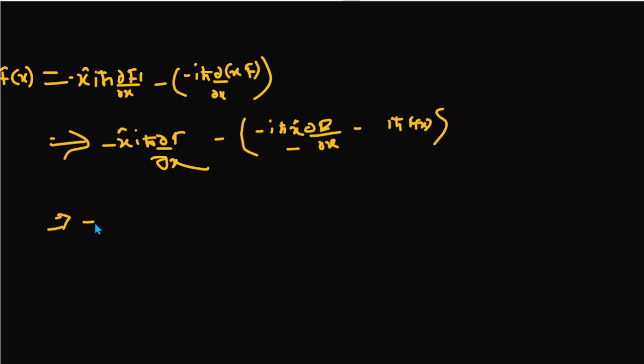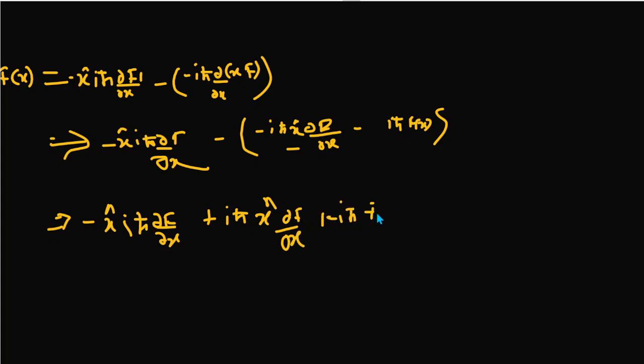Negative of x operator iota h cut del f by del x. Negative, negative, positive iota h cut x cap del f by del x. And then negative, negative again, positive iota h cut f(x).